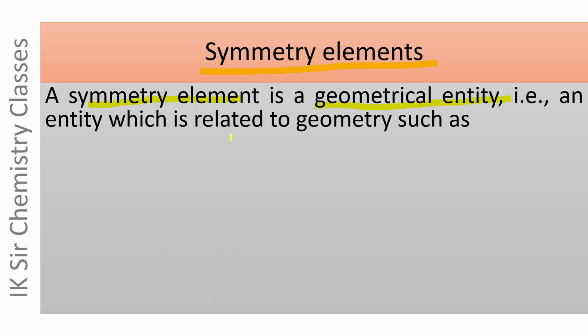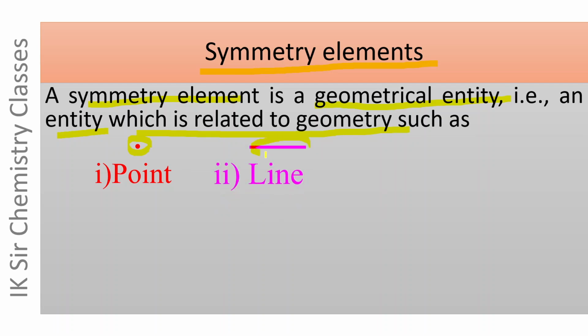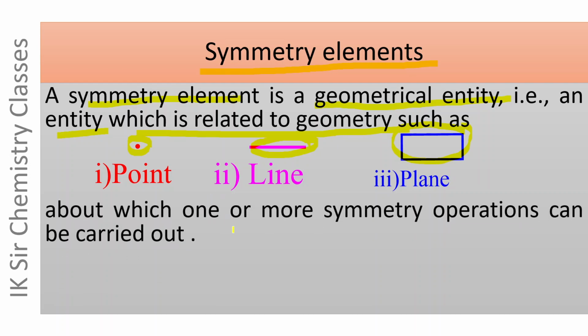It means the symmetry element is an entity which is related to geometry, such as it may be a point, it may be a line, or it may be a plane, about which one or more symmetry operations can be carried out.